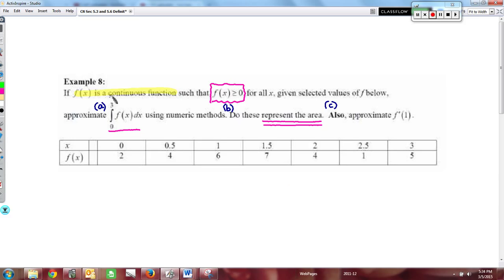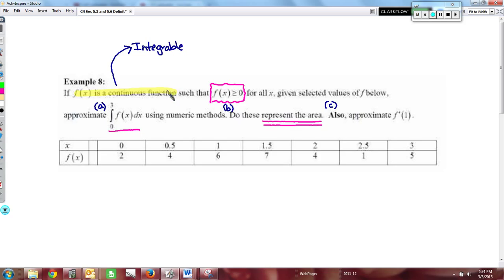So let's talk about what we know based on the fact that they've told us that f is a continuous function. From chapter 5, what we know is that if f of x is representing a derivative, because it's continuous, then we know that we can find an antiderivative, that we're going to be able to integrate. So this function is integrable.